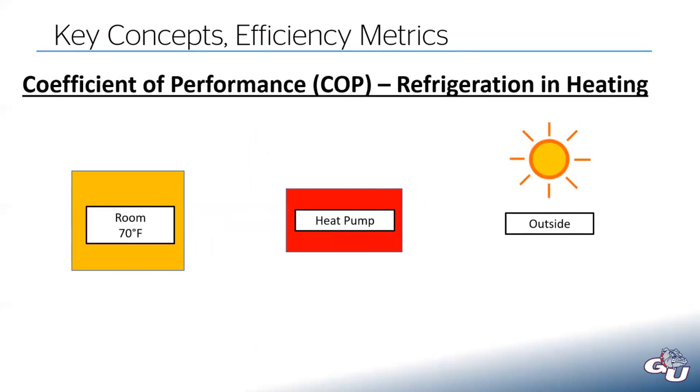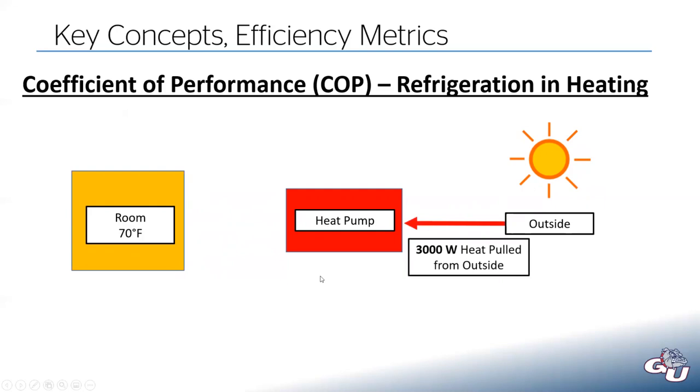So to show how a heat pump works in a generalized diagram, let's say we are in the winter months. We're trying to keep our room at a nice 70 degrees, but it's pretty cold outside. The way a heat pump is going to work is it's going to pull heat from the outside. So let's say we're pulling 3,000 watts of heat energy from the outside.